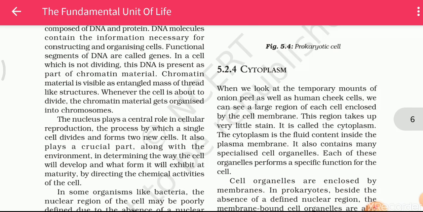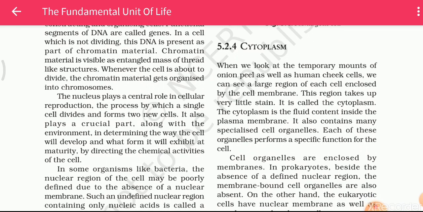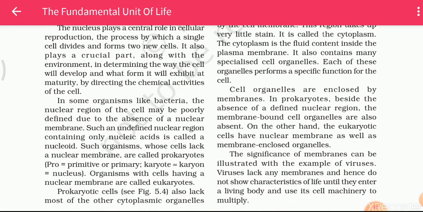And in this last paragraph, the function of the nucleus is defined, talking about prokaryotic cells and eukaryotic cells. So this is all about chromosomes and the nucleus, prokaryotic and eukaryotic.